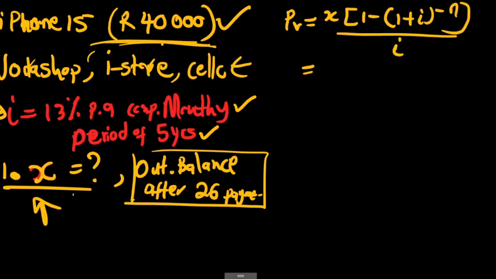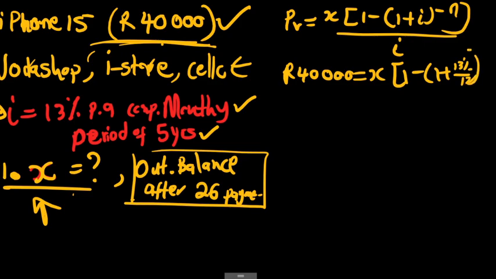So the present value, we know, is 40,000 rand. Let me write properly. 40,000 equals x times (1 minus (1 plus 13% over 12) to the power of minus 12 times 4), divided by 13% over 12.